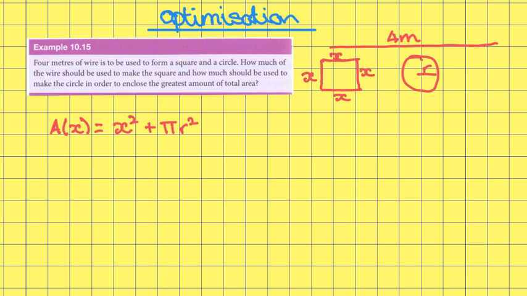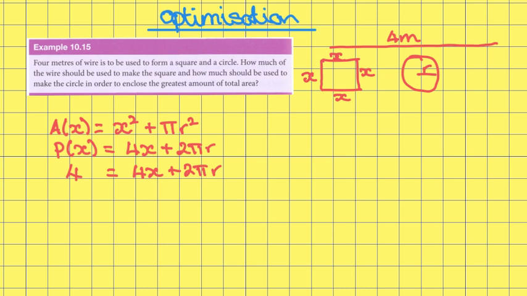We're going to use 4 meters of wire. So we know that the total perimeter is equal to 4x plus 2 pi r. But we know that the perimeter has a maximum of 4 meters. So therefore 4 is equal to 4x plus 2 pi r.